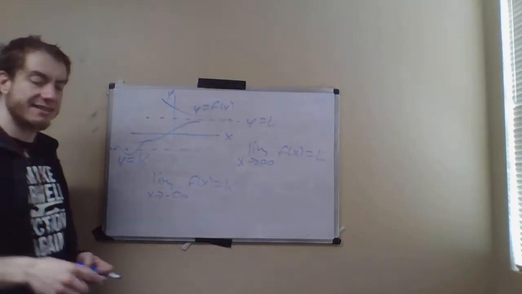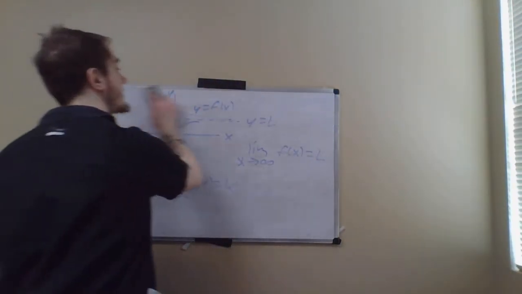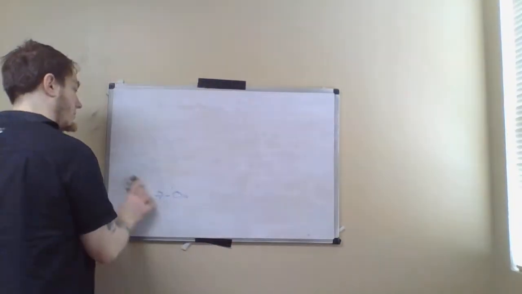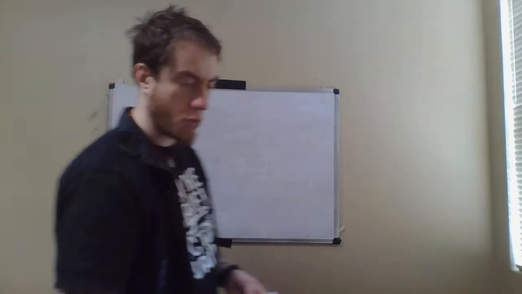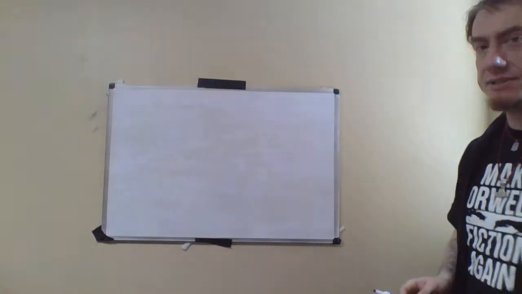Now, how do we phrase that precisely? Well, it turns out it's not super difficult to do if we think back to what we've done before, but again, it is a rather technical thing to write out.